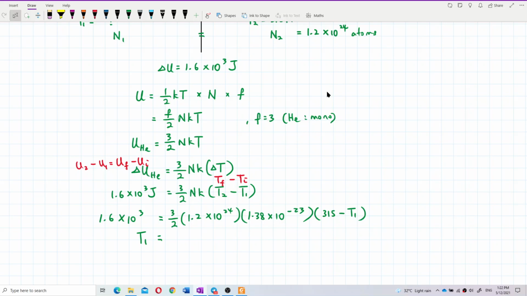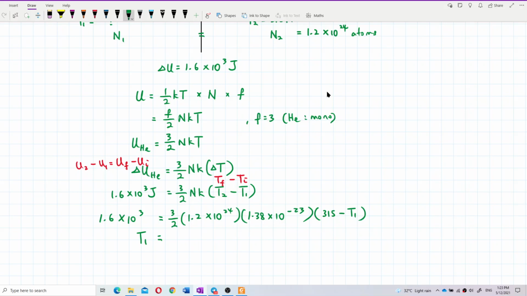Okay, let's calculate. 1.6 × 10^3 times 2, divided by 3, divided by 1.2 × 10^24, and then divide again by 1.38 × 10^-23, and then 315 minus the answer.